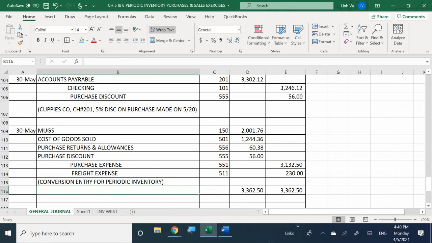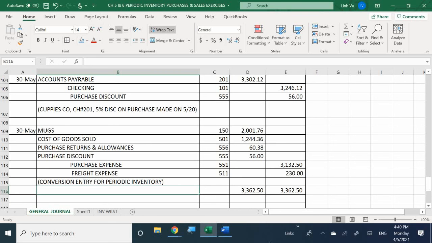Boom. And that is how you complete this chapter 5 and 6 exercise. We got to take a look at all the purchases that we made, right? We dealt with purchase returns and allowances as well as a purchase discount. We looked at sales at the same time too, right?